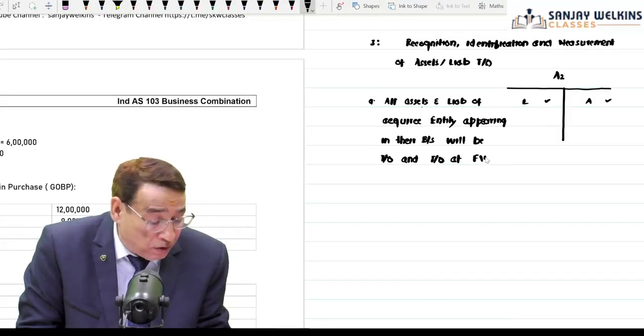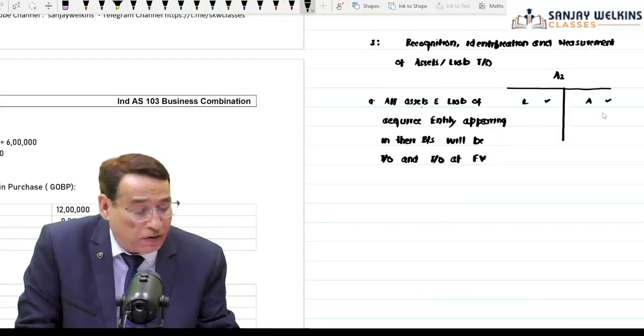This is the general principle, that all the assets and liabilities of the acquiring company which are appearing in their balance sheet, you are going to record them at fair value.